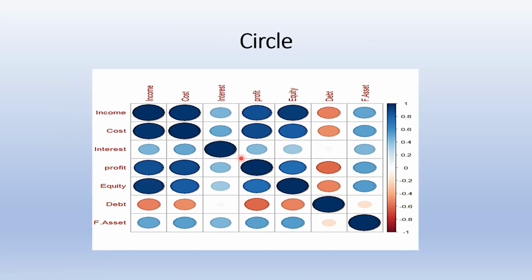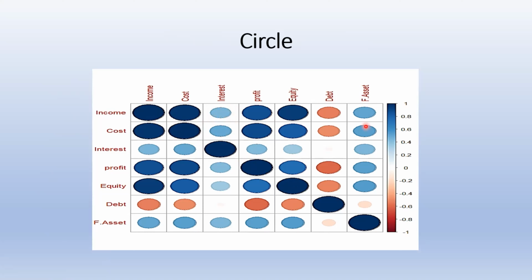So on this diagonal, we have +1 value. So the color is very dark and the circle is full. But if you go to the correlation between interest and income, which in the previous slide we discussed is 0.45, the circle is small compared to all these circles. This circle is small, and the color of this circle is light blue.